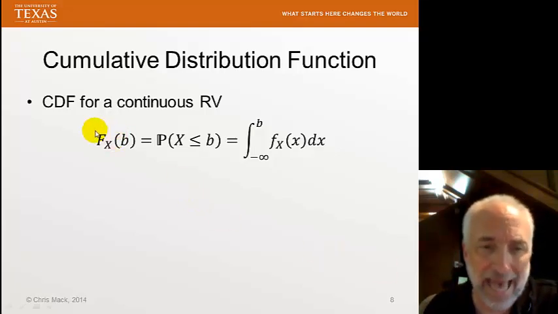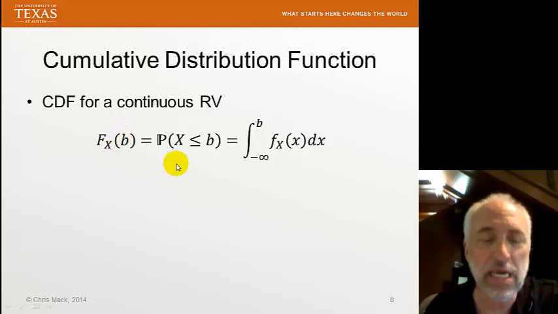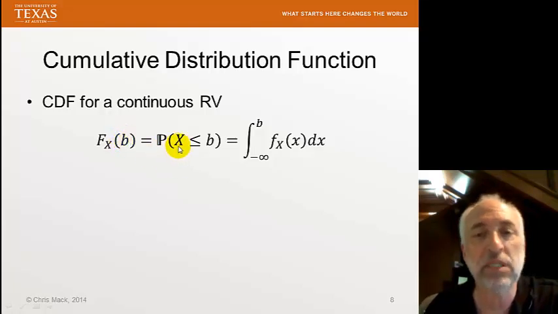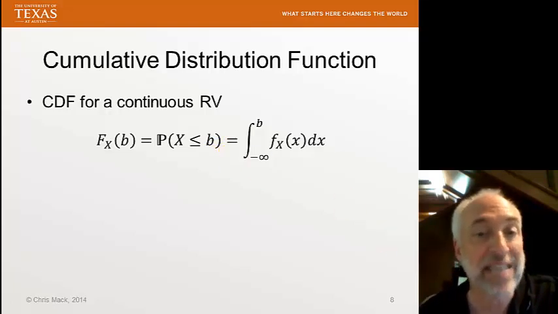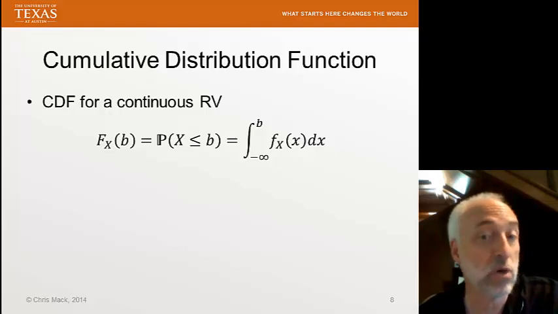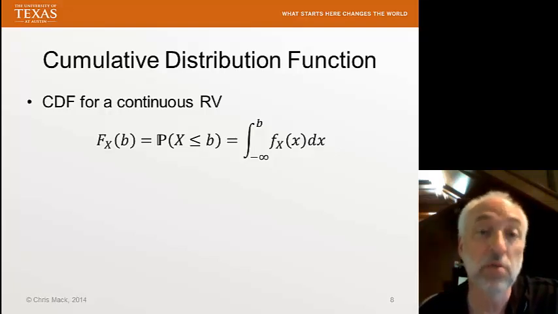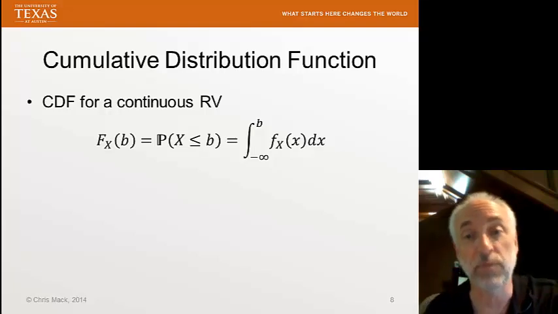I'll use capital F to represent the CDF. The random variable is x, and the CDF at a value b is defined as the probability that the random variable is less than or equal to b. In fact, this definition of the CDF is the same for either a continuous or a discrete random variable. But how we calculate it is different.